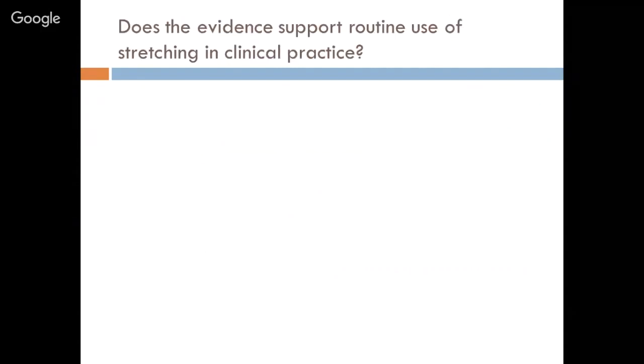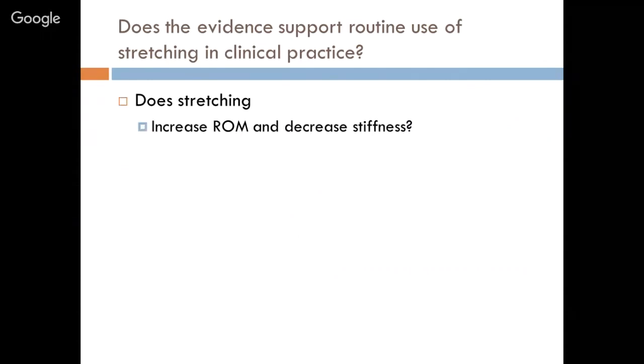So let's move on to what outcomes the stretching studies have addressed. These are also the outcomes that we as clinicians want to know. Does stretching increase range of motion and decrease stiffness, one of the common goals of stretching? Does stretching reduce pain, that stretch-induced pain, whenever reduced range of motion is stopped because of pain?